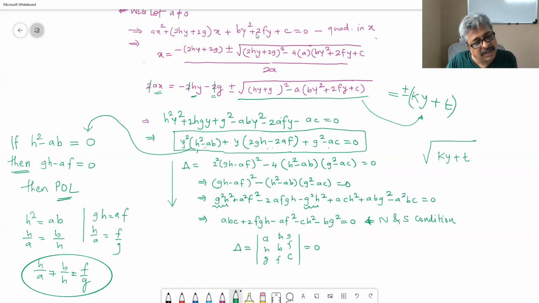Because, is it correct? What am I saying? Suppose this is 0 and this is 0, then the quadratic equation we will get is ax is equal to minus hy minus g, and then this is not 0, then plus minus radical g square minus ac. These are the two lines that we will get.